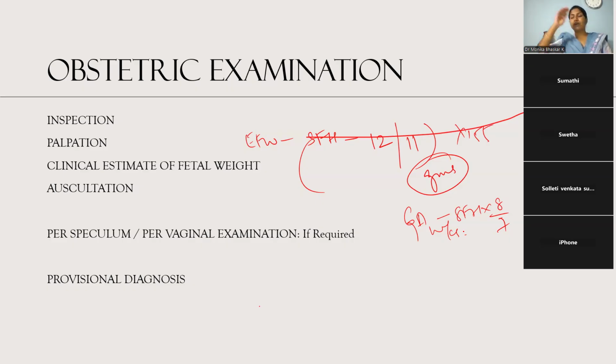So that is why we will always be able to hear the FHR where the fetal spine is. If it is a breech, usually FHR is heard at the level of the umbilicus or above the umbilicus. But if it is a cephalic presentation, usually it is heard in the spino-umbilical plane towards the fetal spine.